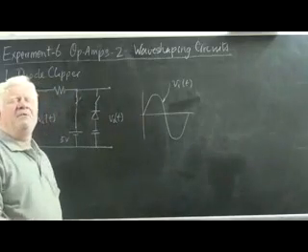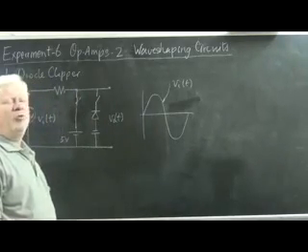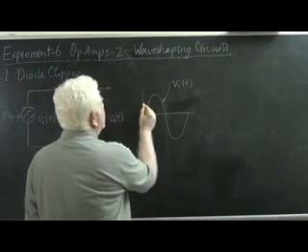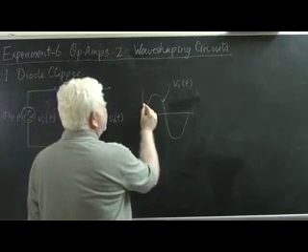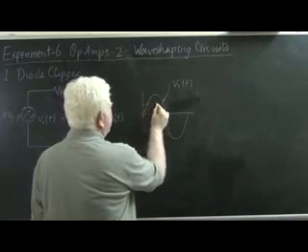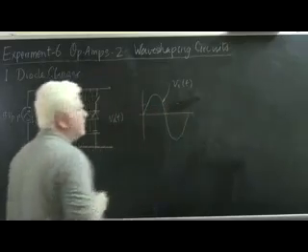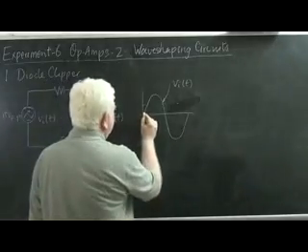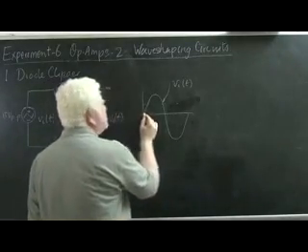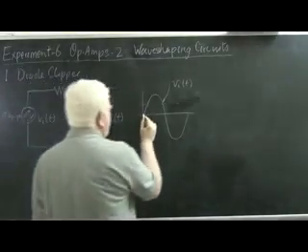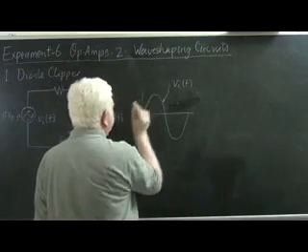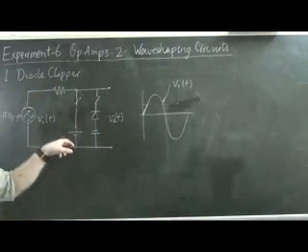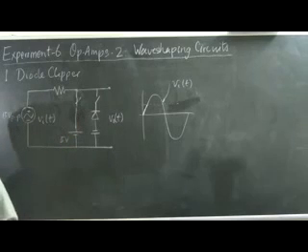Right, so let's see what happens to the output voltage waveform. If this was the cut-in voltage plus the battery voltage, let's say at this level, then the output voltage rises side by side with the input voltage until this point, and then levels off at VB plus 0.7.